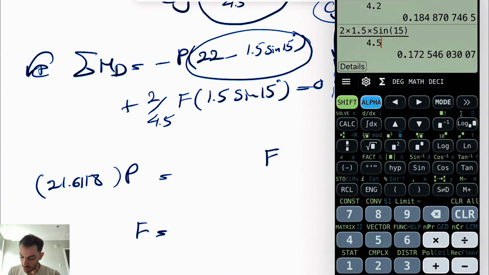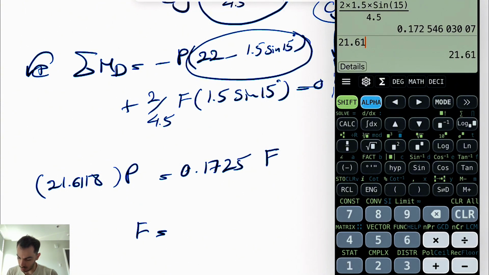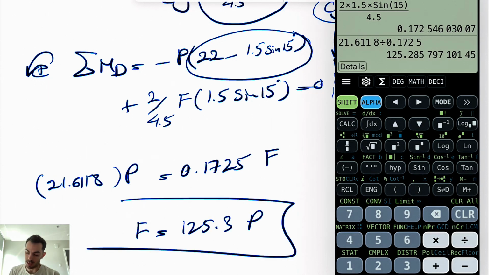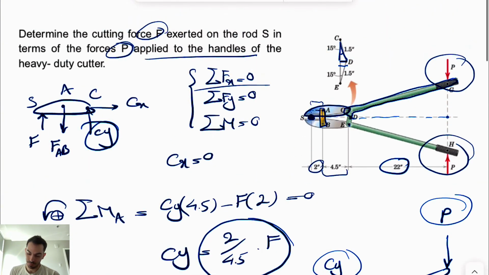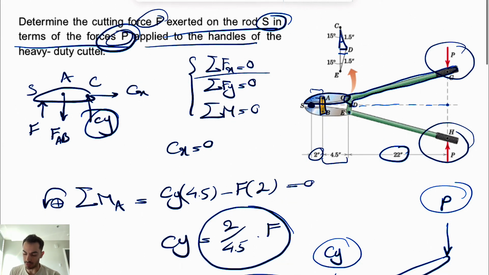That ratio is going to be 0.1725. Now we just have to divide 21.6118 by 0.1725, and that's going to give us 125.3 P. This is basically the force exerted on the rod S in terms of P, and the final answer for this question.